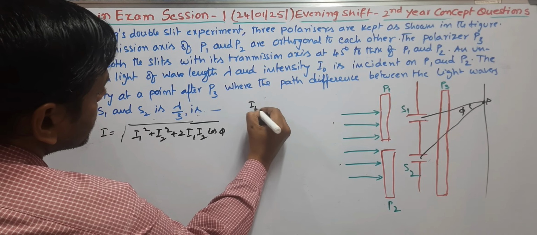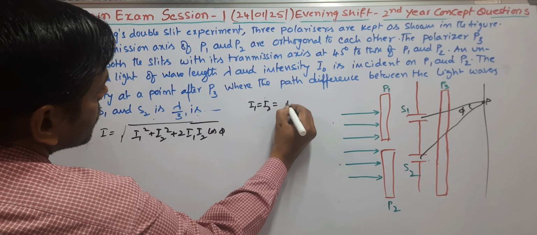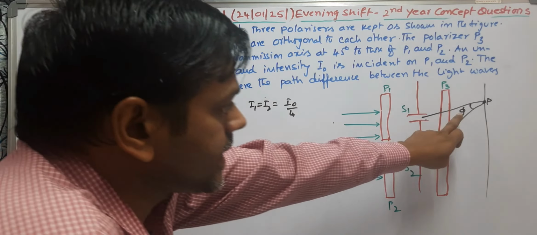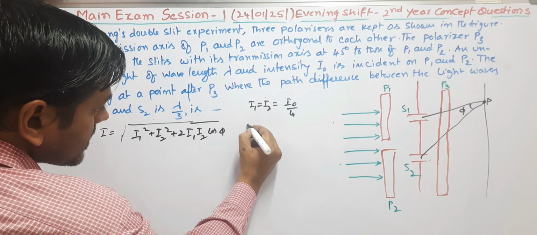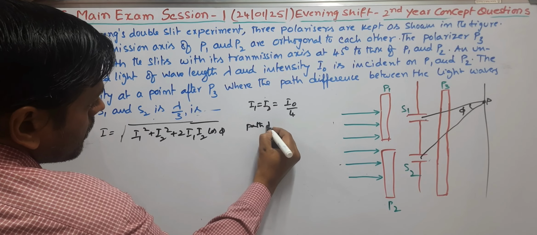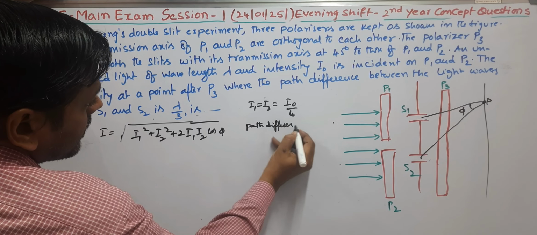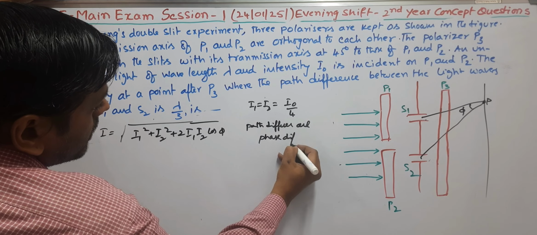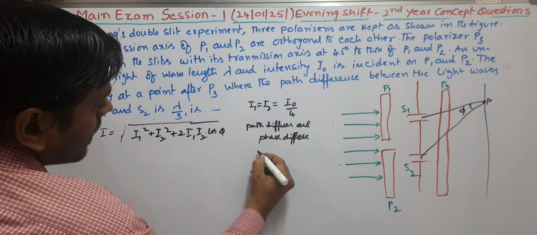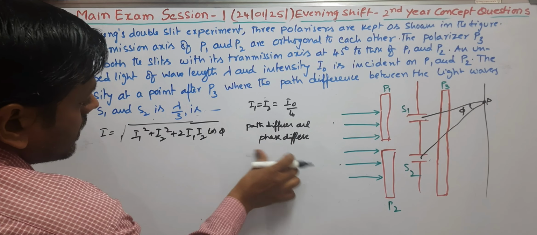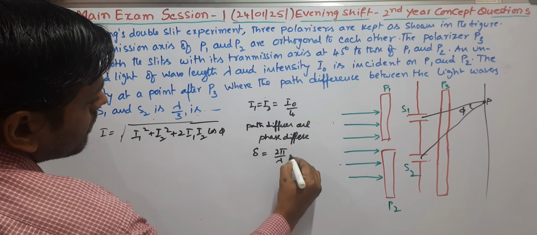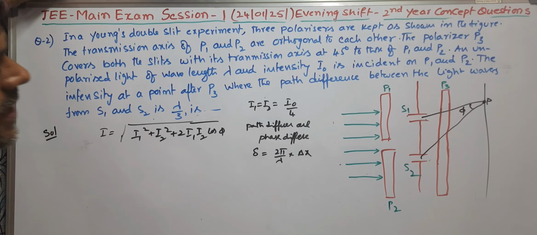Here I1 equals I2 equals I0 by 4, but we don't know the phase angle. So from the relation between path difference and phase difference, phi equals 2 pi by lambda into the path difference delta x.